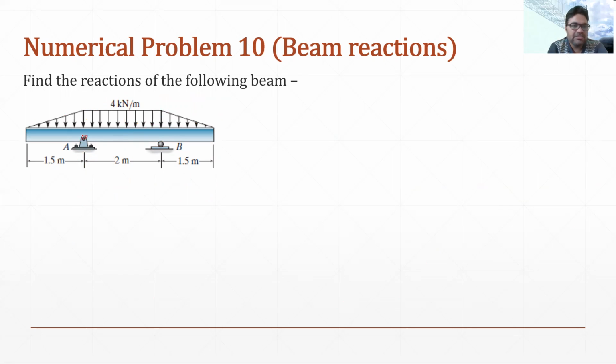This is the hinge support, so it will offer two reactions, RL and RH. RH will be 0 obviously because there is no horizontal load. Similarly, the second reaction will be offered at point B, which is RR. Now, as the load is symmetric, the reaction on the left hand side and on the right hand side will be the same. Why? Because the load is the same on both sides.